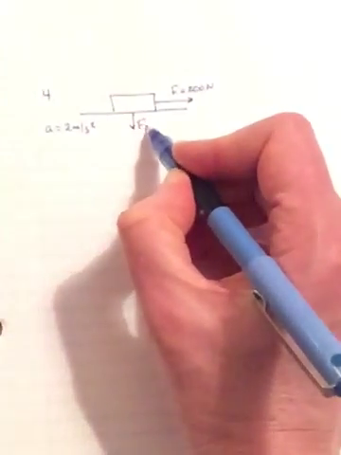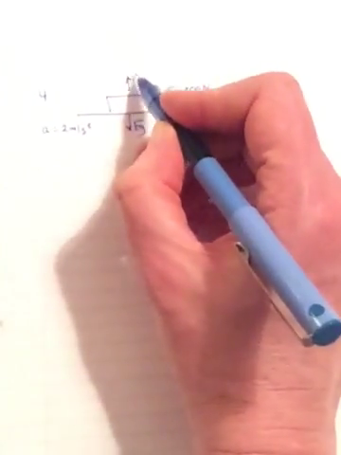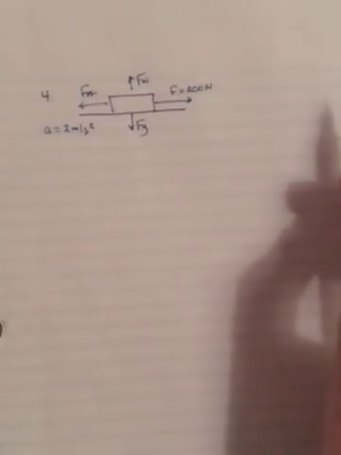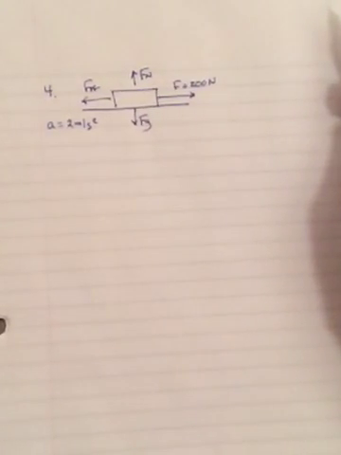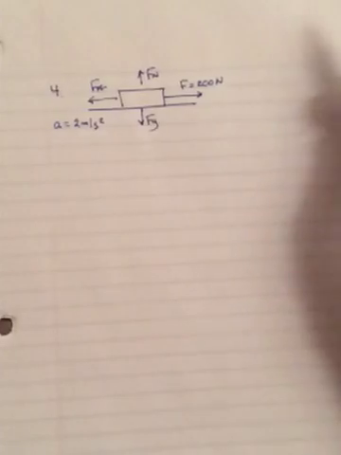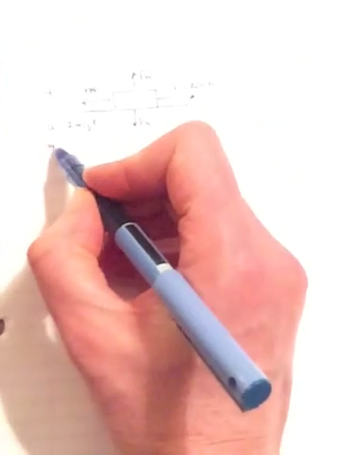This will be my Fg. This will be my Fn. Friction will be acting backward. Then it says, if the coefficient of kinetic friction is 0.2, what is the mass of the crate? So mu is 0.2, and you're looking for m.